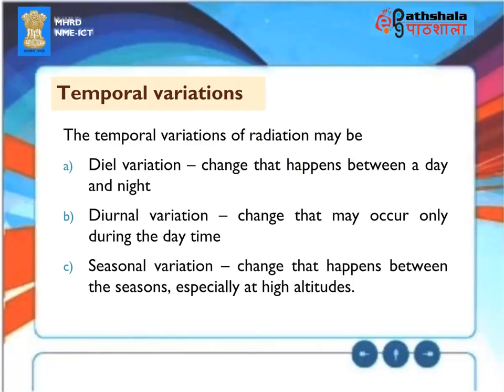The temporal variations of radiation may be diel variation, change that happens between a day and night; diurnal variation, change that may occur only during the daytime; seasonal variation, change that happens between the seasons, especially at high altitudes.